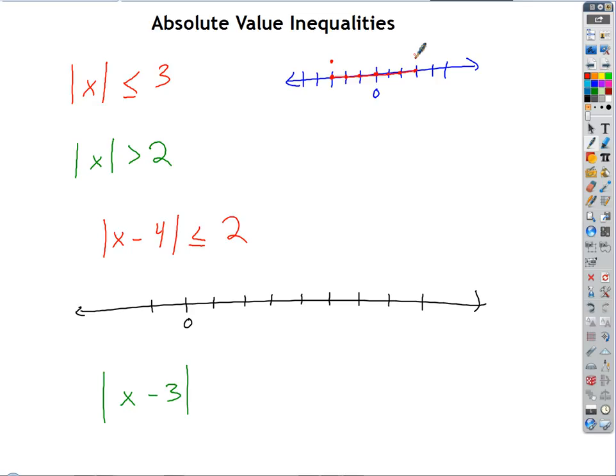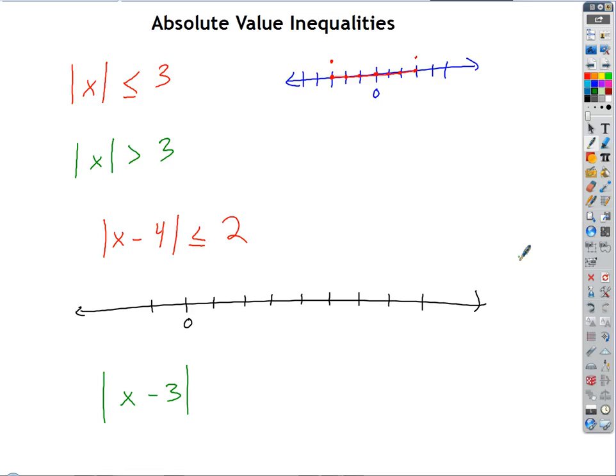Now, what if we did something like this? Okay, well, let's just use 3. Use the same number. What if we took the inequality, absolute value of x is greater than 3? By extension, that's going to be the set of all values of x such that, what? The distance from the origin is greater than 3, right?